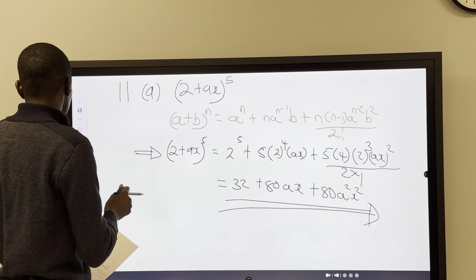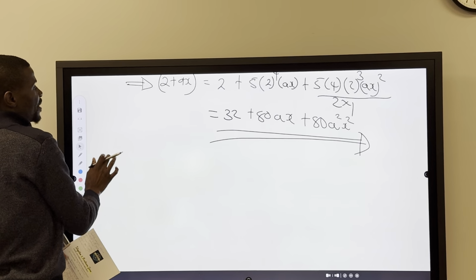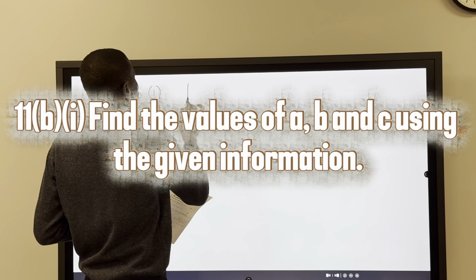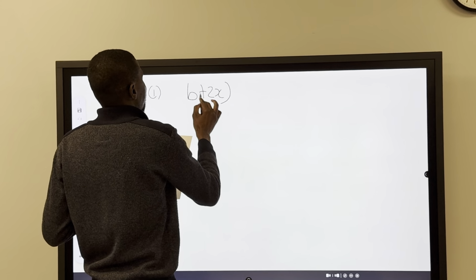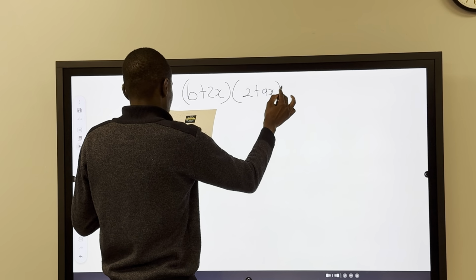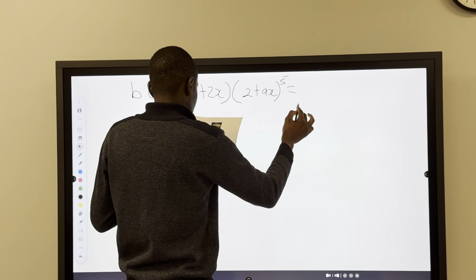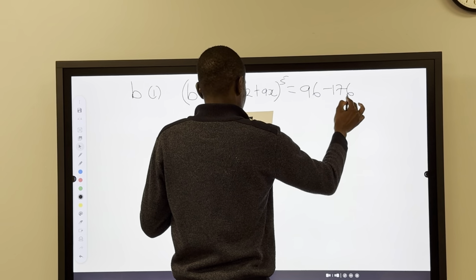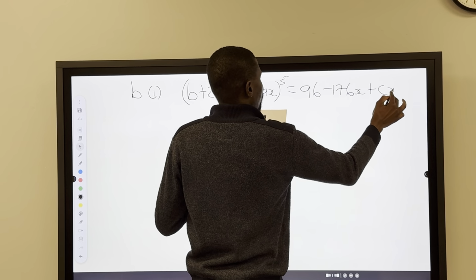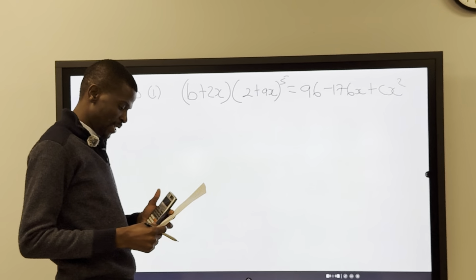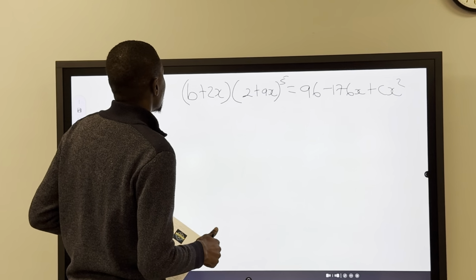Now let's go ahead and solve the next question, which is B item 1. We are told that (b + 2x) times (2 + ax) to the fifth power is equal to 96 minus 176x plus cx squared. So we need to find the values for a, b, and c, right?